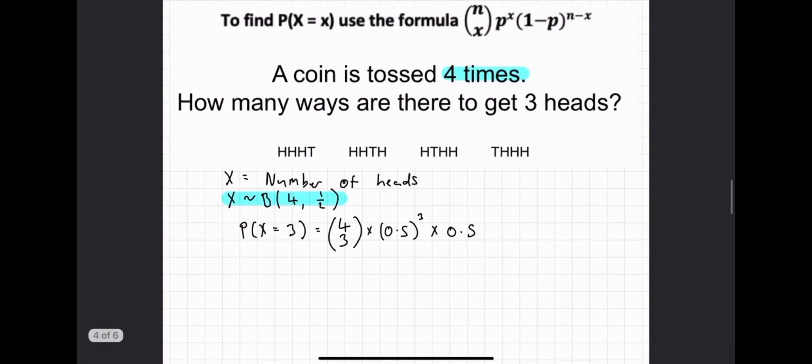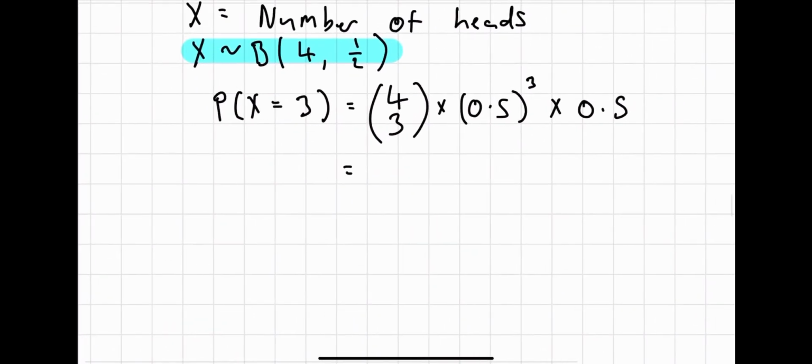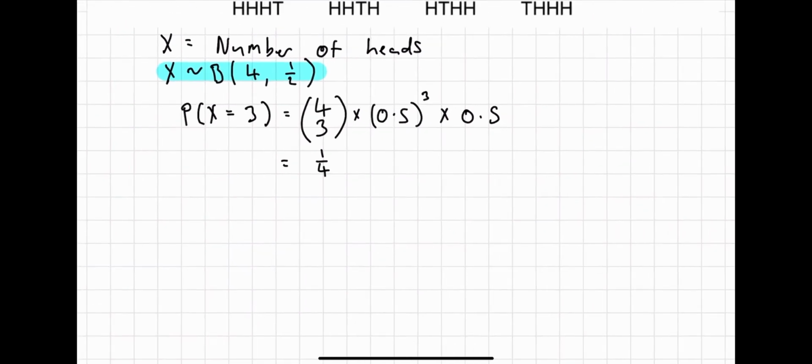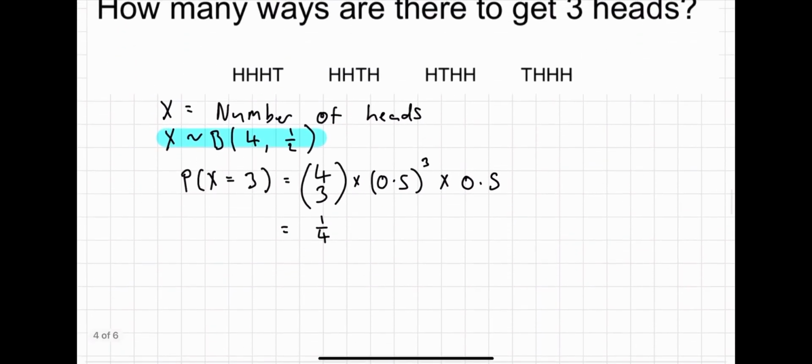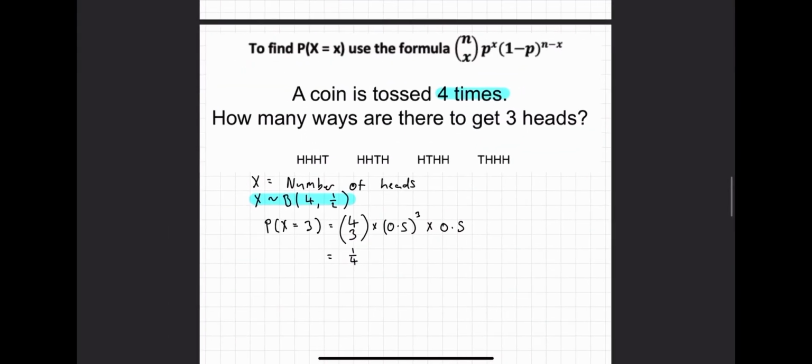So 4 take away 3, which is 1. You then type all of this into your calculator: 4 choose 3 times 0.5 cubed times 0.5 to the power of 1. And you get the answer 1/4. As you can see, this has gone to quite a nice answer. This doesn't always happen, but in this case, it is quite a nice answer.